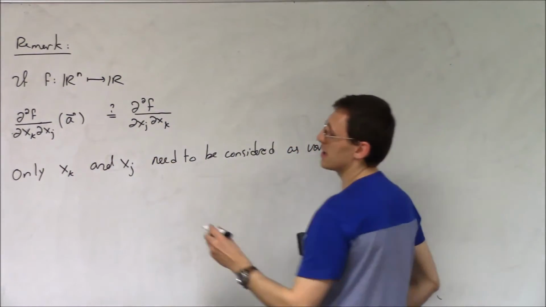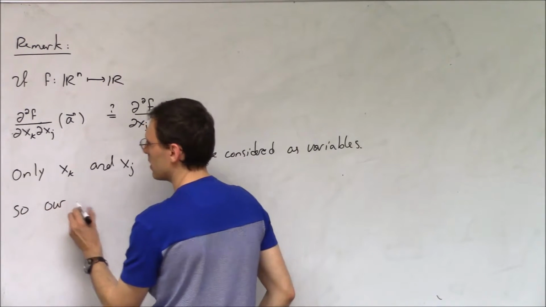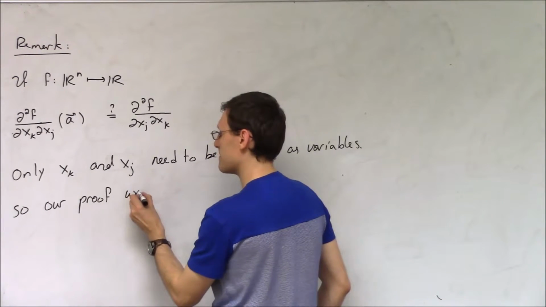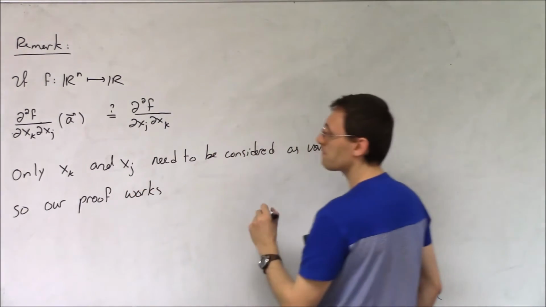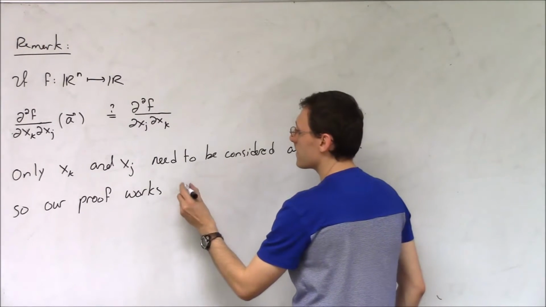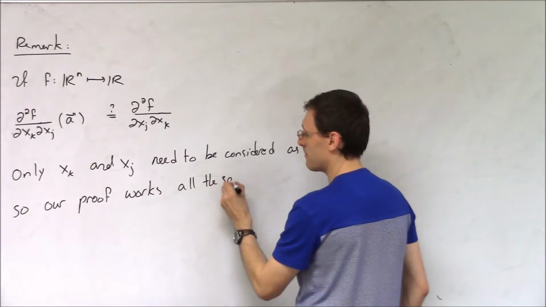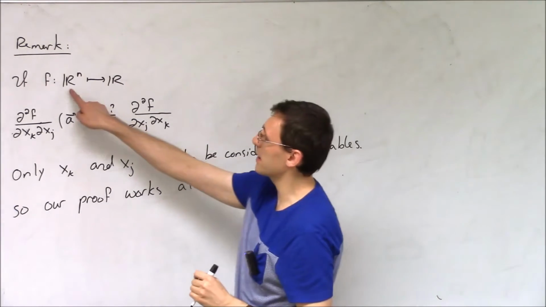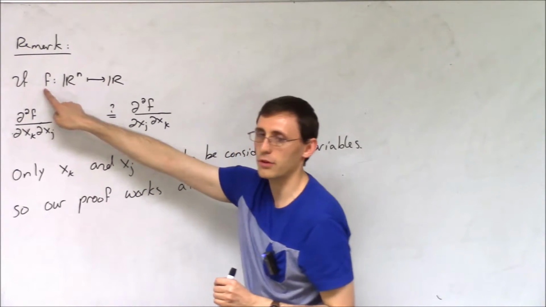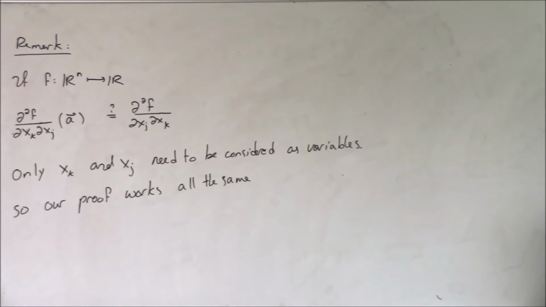So in essence, our proof works all the same, because I can reduce it to a particular function from R2 to R, since all the other variables are fixed. Does the equation have the A vector also?